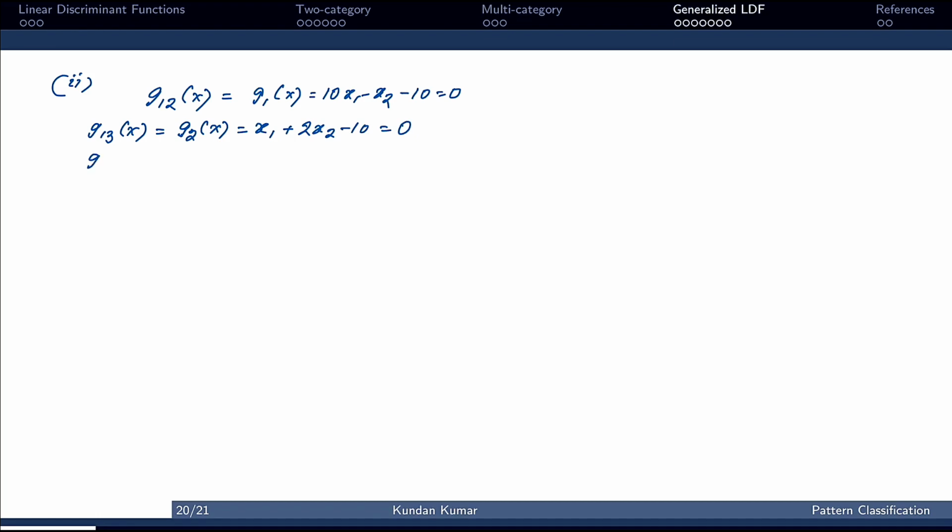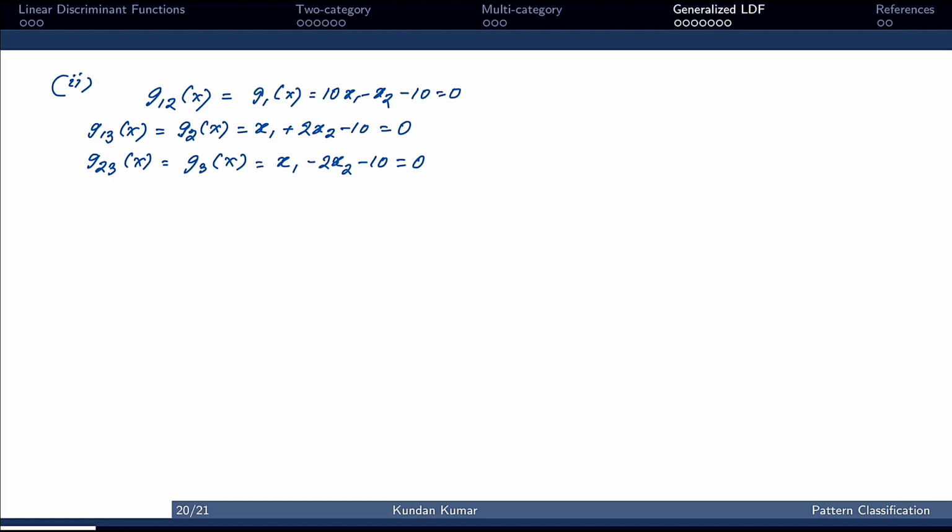In the second part, we have assumed that each pattern class is pairwise linearly separable from every other class by a distinct decision surface, and we assume that g12(x) equal to 10 x1 minus x2 minus 10 equal to 0, g13(x) equal to x1 plus 2x2 minus 10 equal to 0, and g23(x) equal to x1 minus 2x2 minus 10 equal to 0.